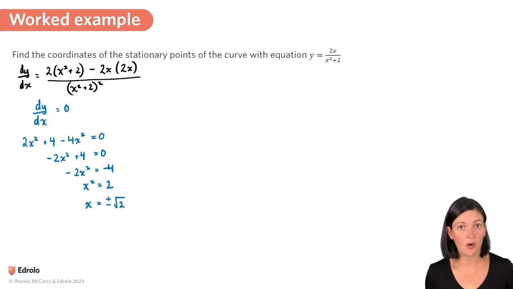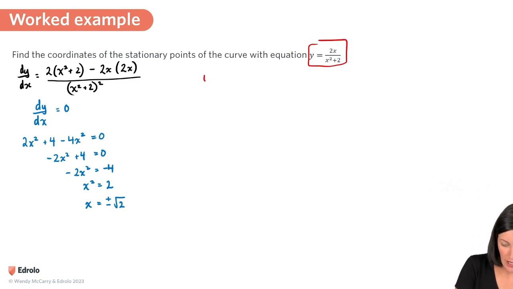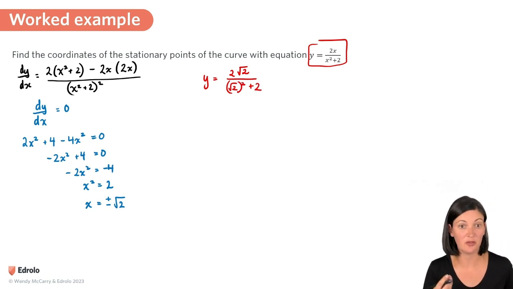My next step is going to be finding the y coordinates for each of those x coordinates. I'm going to do that by substituting x into my original equation here. Okay, so y is equal to 2 root 2 over root 2 squared plus 2. So I'm just doing my positive root 2 value first.